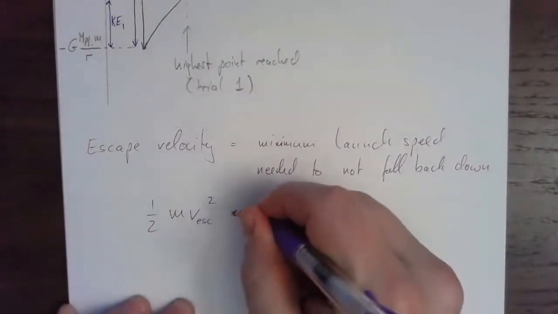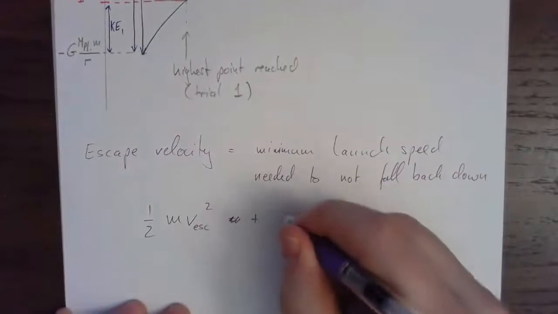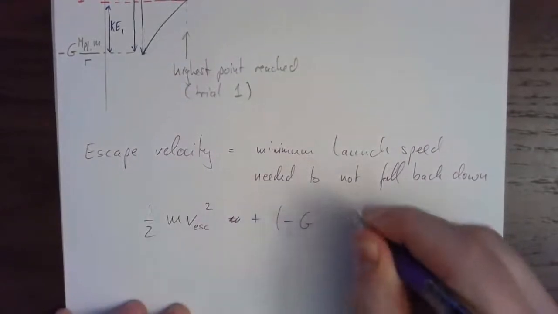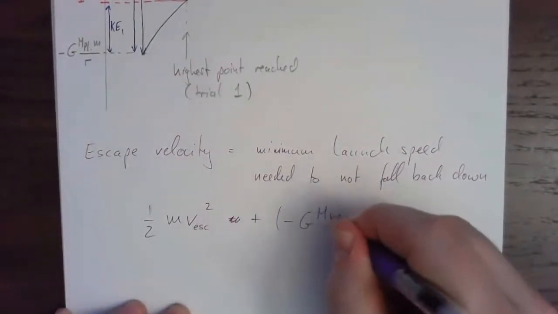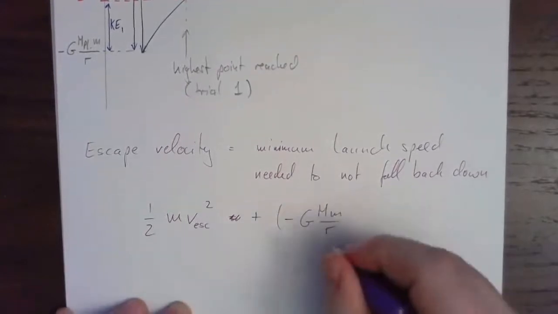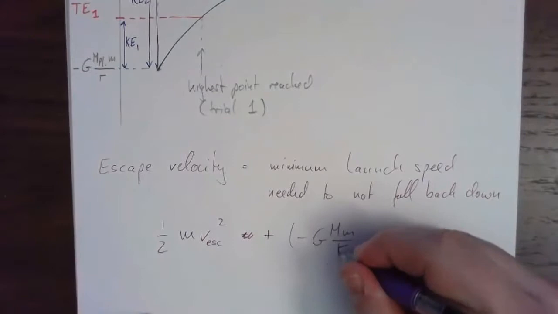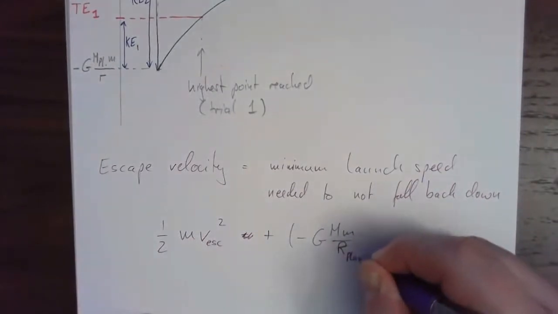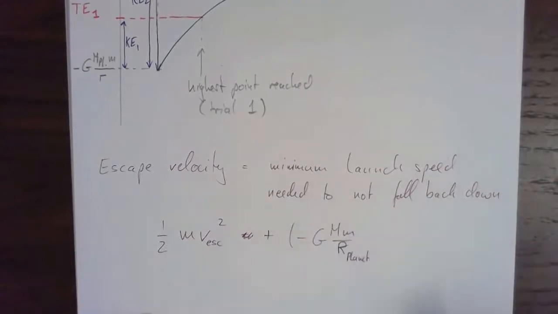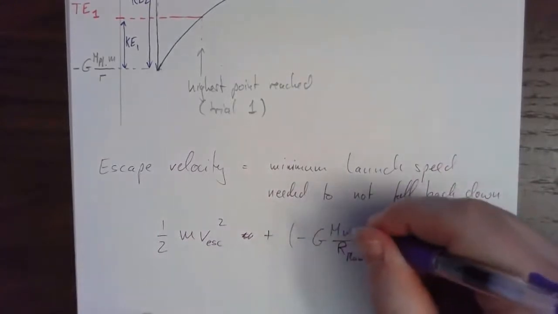Never mind. I'm going to add to this minus G m over R, where R is the radius of my planet. Could be the Earth. And m is of course the mass of my planet.